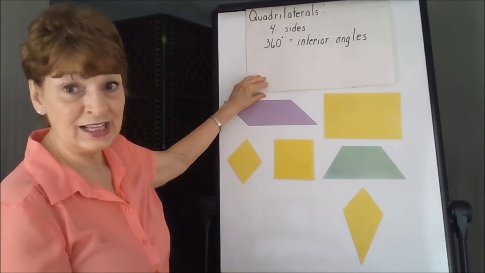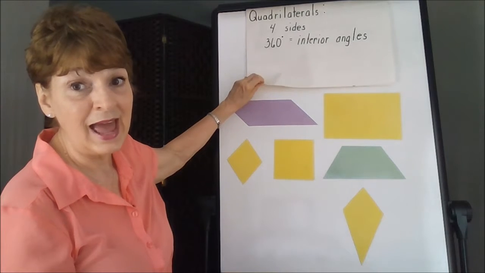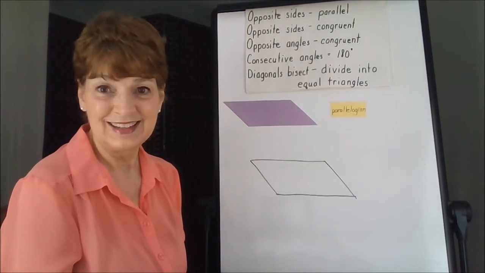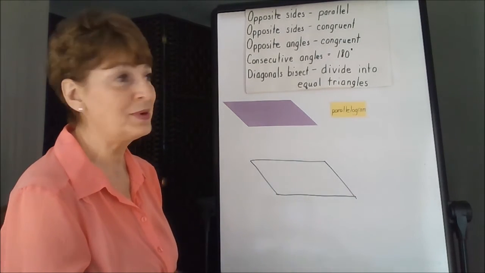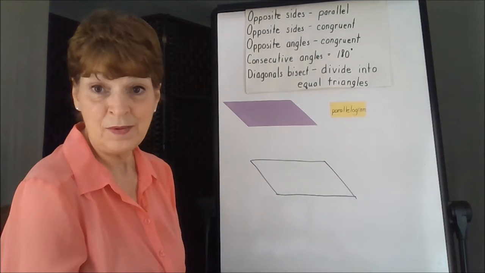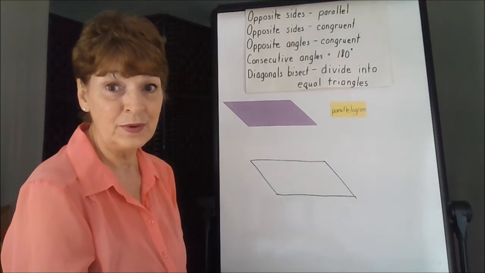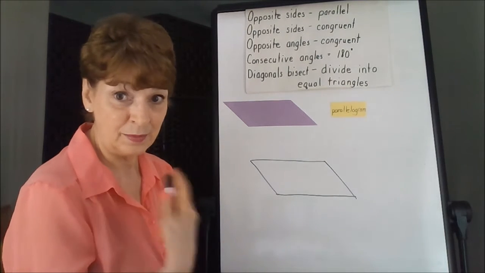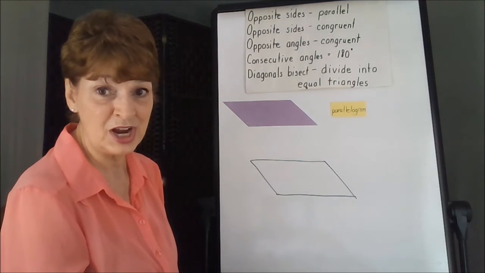So let's take a look at each one separately and see what the attributes of those shapes are. Let's analyze a parallelogram according to its attributes. You may want to jot these down in your notebook. You'll use them over and over again when you're trying to decipher what a shape is and how to prove that it is this particular shape when you get into some geometry.